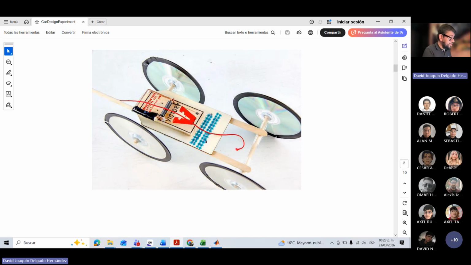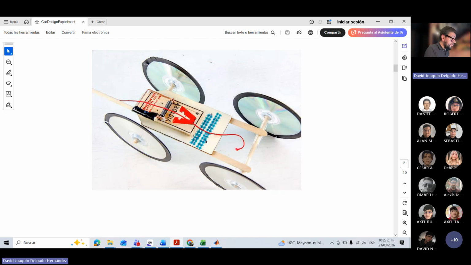They put cheese here, and the mouse goes for the cheese, but then suddenly there is a spring in this mouse trap, and the spring catches the mouse. So you are going to use this, and you are going to use CDs. Do you remember CDs, when we used to play our music? Well, here is the CD.